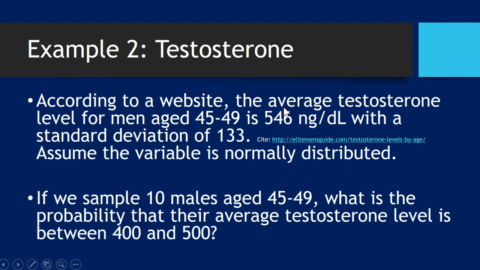So what this is saying is that the average testosterone level for this age group of men is 546, that's like nanograms per deciliter or something like that, with a standard deviation of 133. So the average is 546, and the original standard deviation is 133. Now, our question says if we sample 10 males within that age group, what's the probability that their average comes out between 400 and 500?